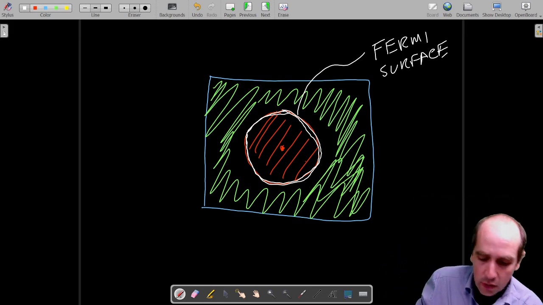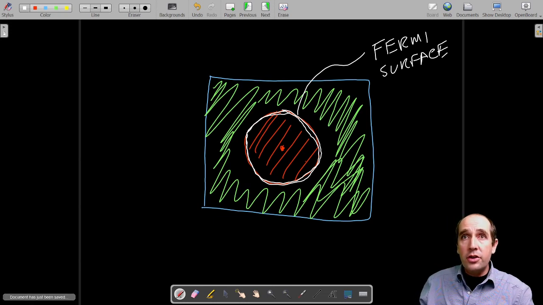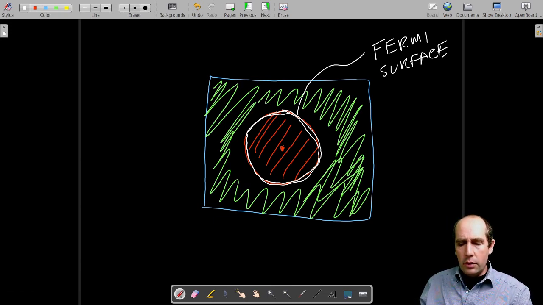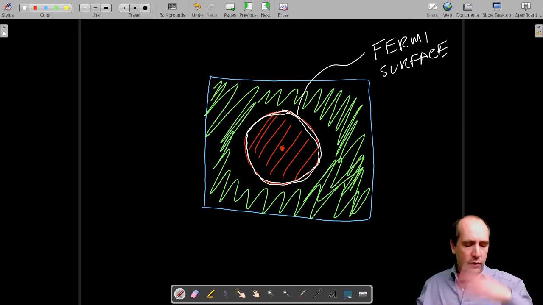Okay, so you can go to solid state books and check out the really nice shapes that these Fermi surfaces can acquire for different crystallographic groups and for different Bravais lattices and so on. Depending on the way atoms are arranged three-dimensionally, this produces different shapes for the first Brillouin zone, and it also produces different shapes for the Fermi surface.